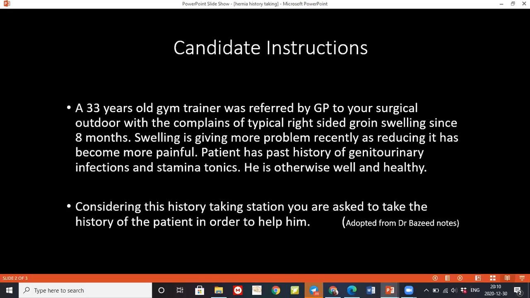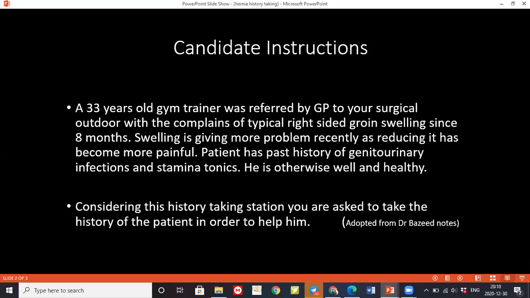Okay. Any discharge or any punctum you can see? No, there is no discharge. Any fevers, rigors, or chills you have experienced? No fever. Do you think this swelling is pulsatile, like it moves up and down? No, it's not. And do you think you can move it with your fingers, does it go sideways?